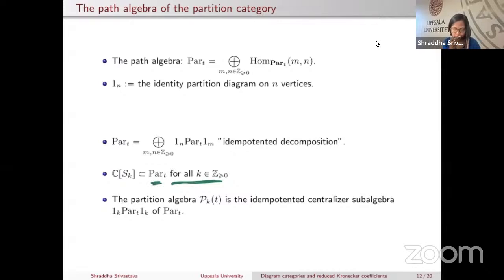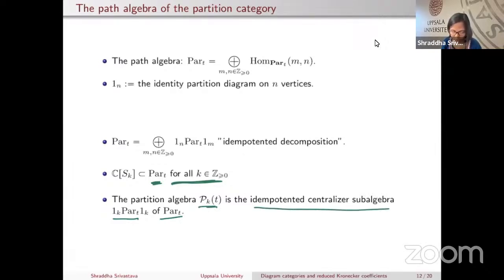Another observation, which is relevant, because we said that if we study the partition category, representations of the partition category, then we can actually recover the representations of the partition algebra. This is the point, because the partition algebra turns out to be an idempotent centralizer algebra of the path algebra.